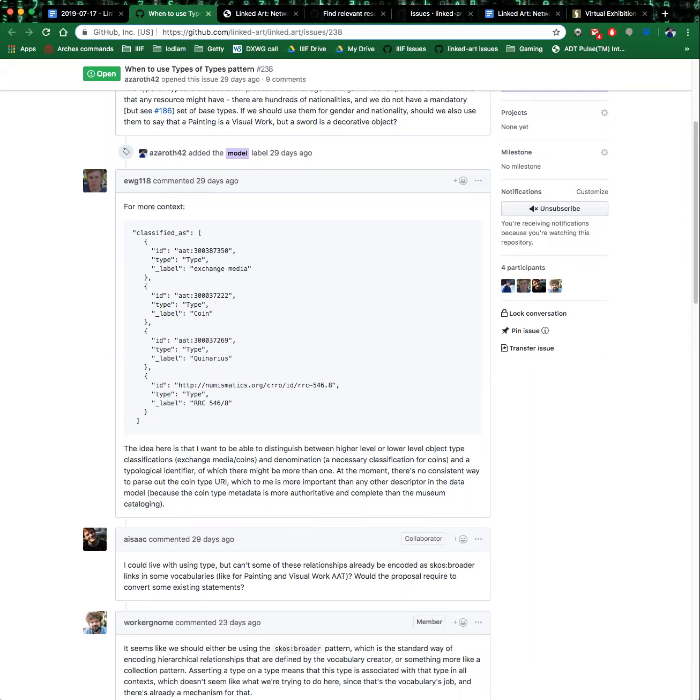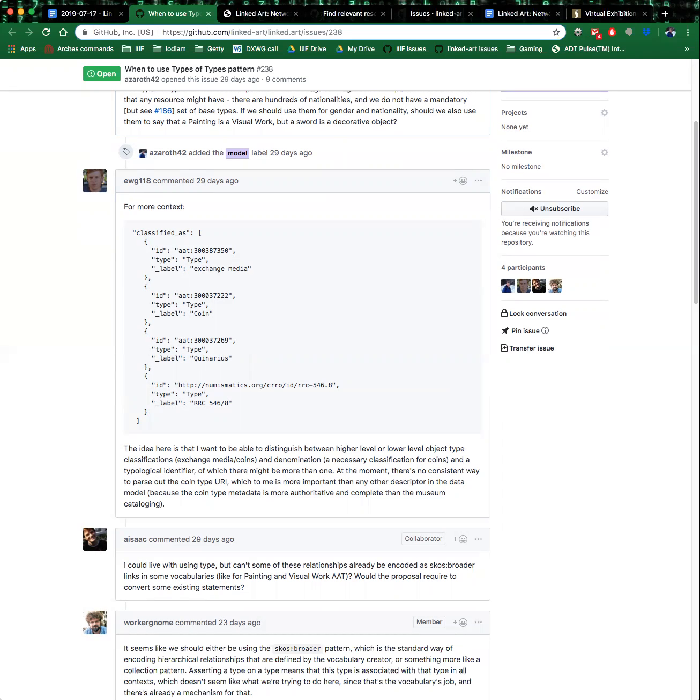So for nationality versus gender, that helps a consuming agent to be able to search for people that have a gender or people that have a nationality without doing a huge union search of people that are classified as British, or English, or French, or ... So for that case, that's easy.